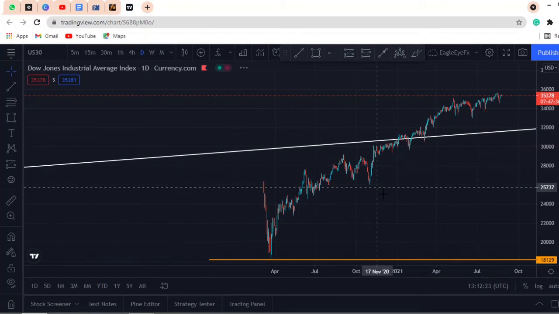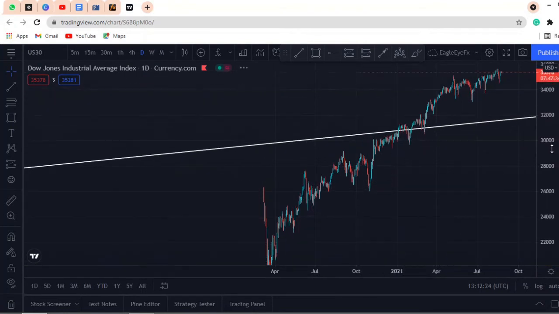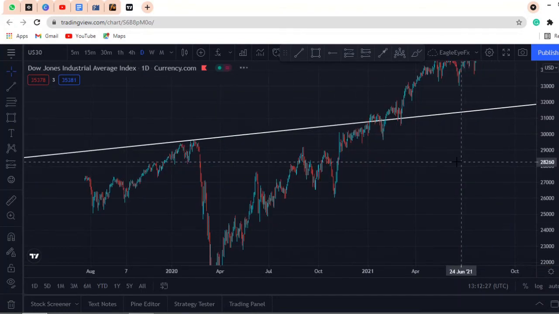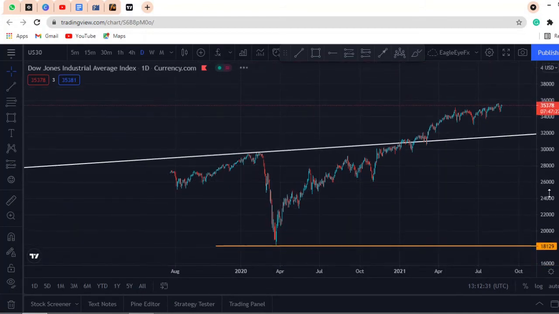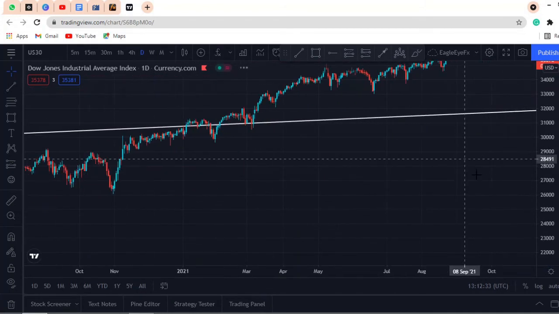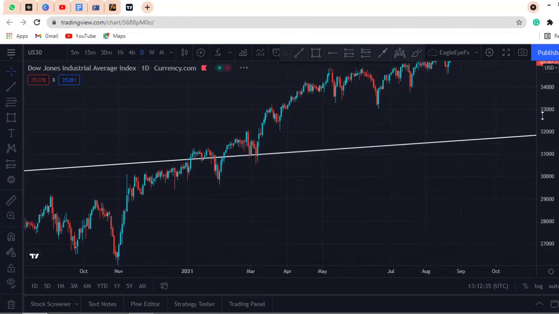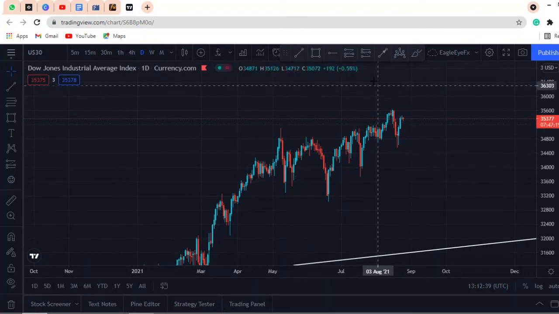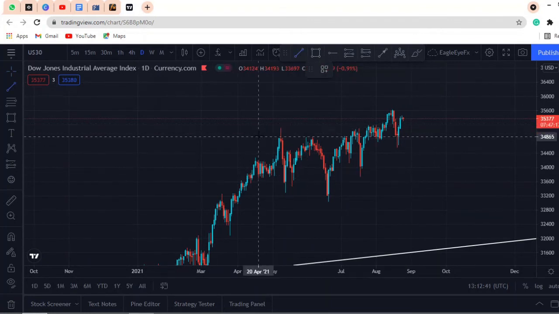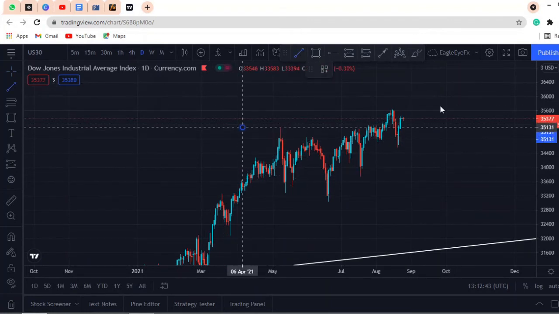So we are on a daily time frame. Okay, and what you can see here is, let me go to currently what's happening on the market, the daily time frame. There's this level here.